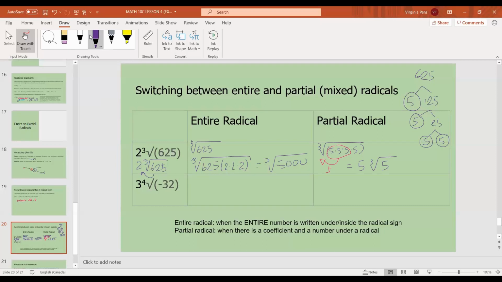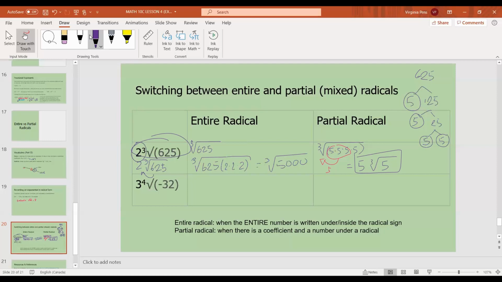On the square root of 5, we leave it as a radical because it's a really ugly number. It has a bunch of decimals and it's really hard to write down. It's like 1.7 something something something. The decimals are terrible, so we leave it in this form. And that's why it's called partial radical, because part of it is in the coefficient and part of it is under the radical. You might be wondering, isn't this also a partial radical?